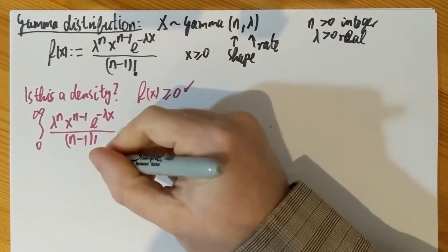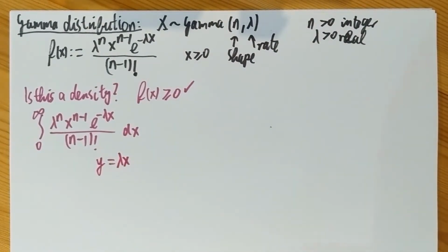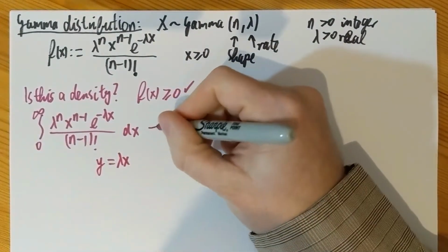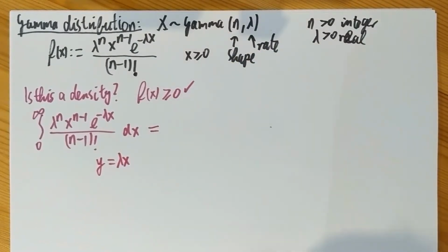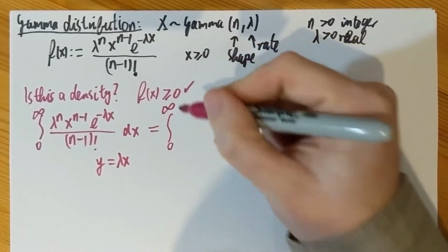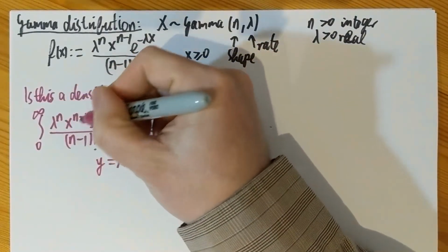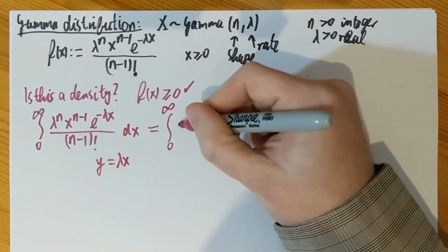And the change of variables we need is very simple. It's just a factor lambda of x. So let's rewrite this integral in terms of lambda times x, which is my new variable. So there is going to be a lambda times x to the n minus first power here.